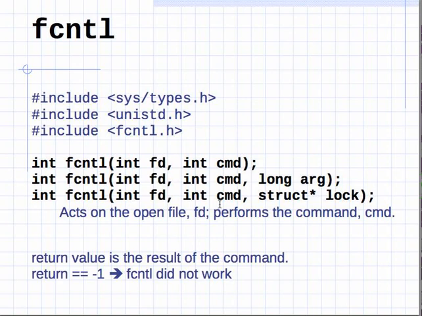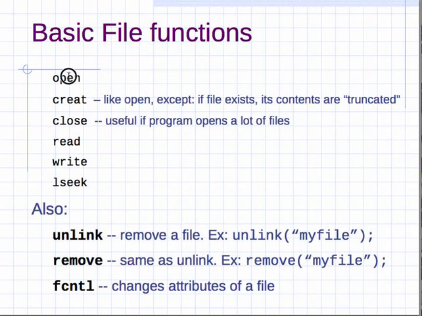So let's take a quick look at fcntl. There's a bunch of things that we can pass it. You have to open a file first, and fcntl acts on an open file, fd. Once we've called the open or the create function, we have an open file.